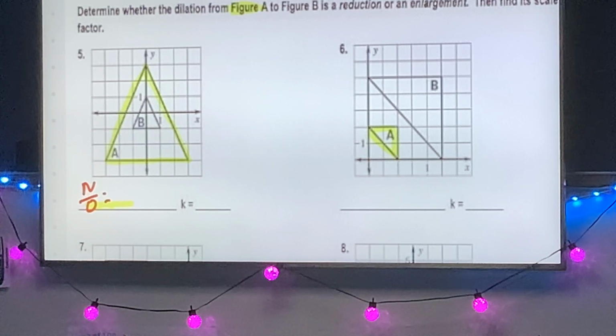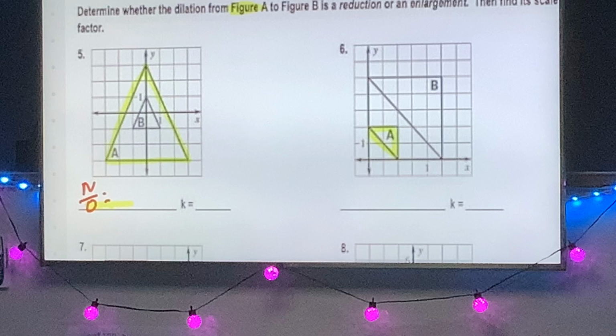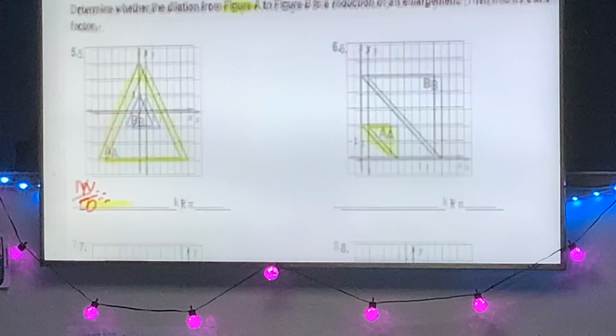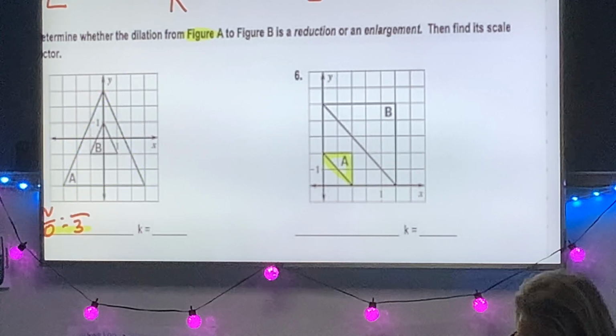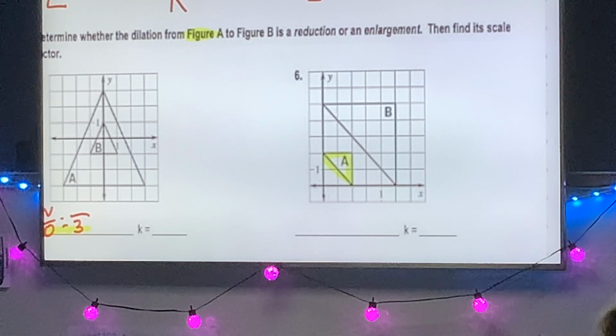Where is my original sitting? 3. 1, 2, 3. I wrote it in the wrong spot anyway. And my new is where? Is it 1?